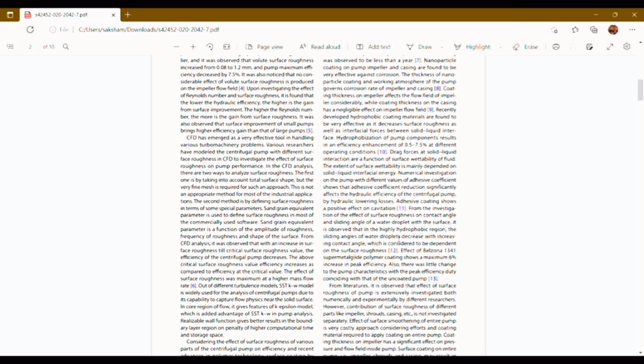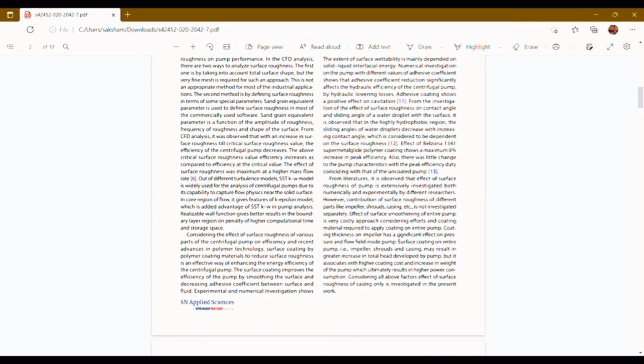In CFD analysis, there are two ways to analyze surface roughness. The first one is taking into account total surface shape, but a very fine mesh is required for such an approach. The second method is by defining surface roughness in terms of some special parameters. Sand grain equivalent parameter is used to define surface roughness in most cases.